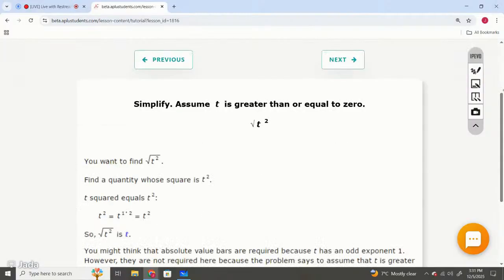Square root t square. So square root t square.